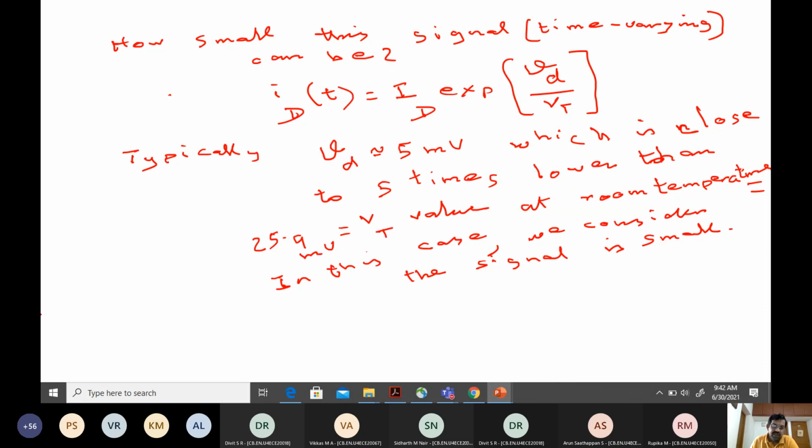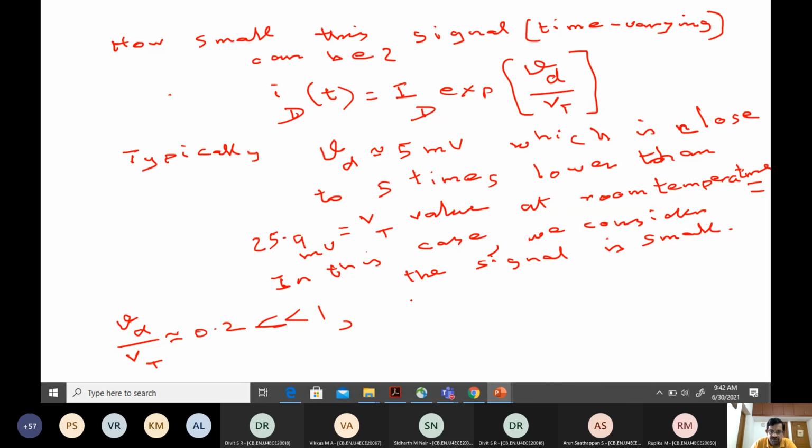So typically if I put 5 by 25, it is going to be 0.2. So v_d by V_t at a particular instant is nearly 0.2, because 5 by 25 is 1 by 5, which is equivalent to 0.2, much smaller than 1. It is only 20% of 1. So 0.2 is much less than 1. In this case I can expand this exponential.